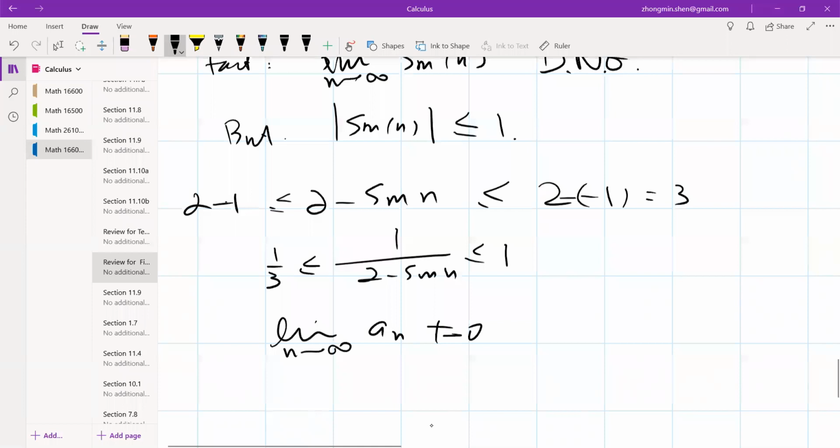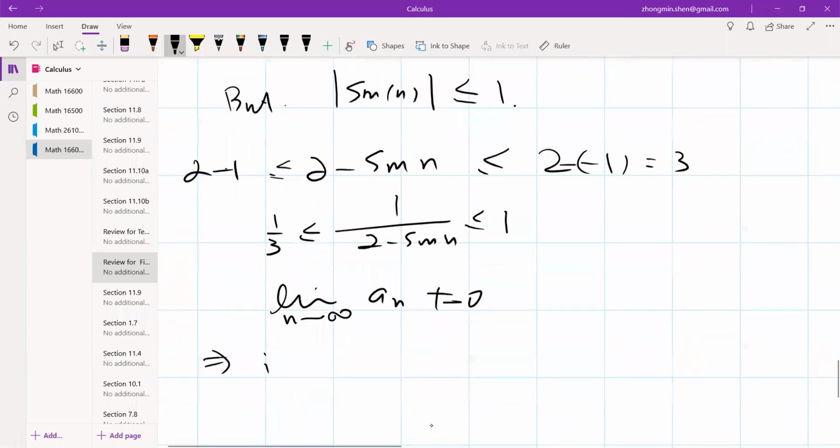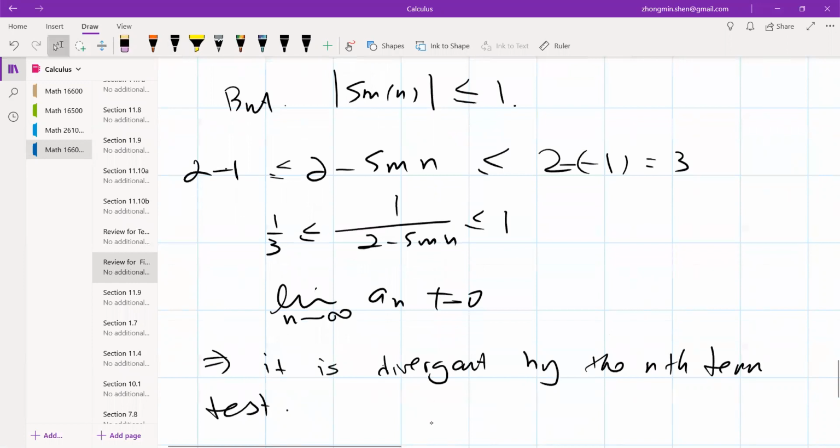Of course, it's not going to be 0. It does not exist, so it cannot be 0. Okay, so that's why it is divergent by the nth term test, right, for divergence.